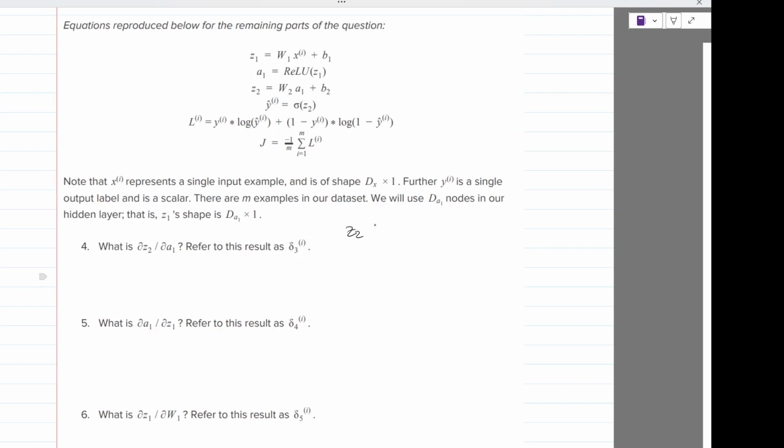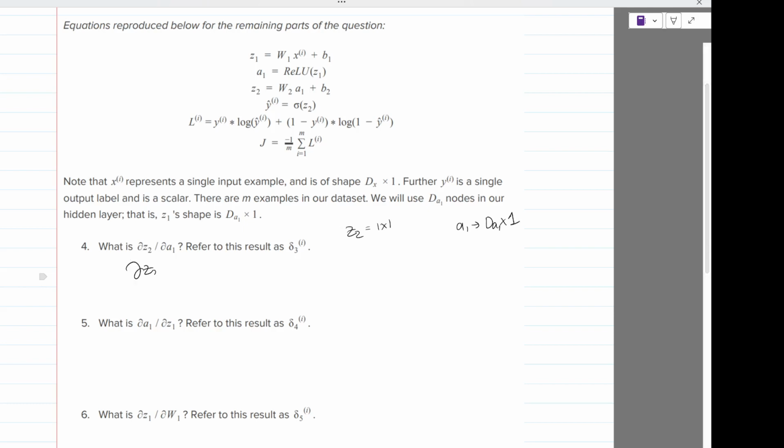Oh, it's 1 cross 1 only. Z2 is 1 cross 1, yes. So this is not a vector then. A1 is a vector of dA1 cross 1, I think.